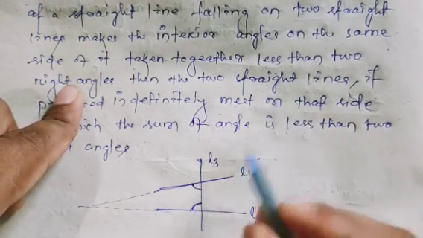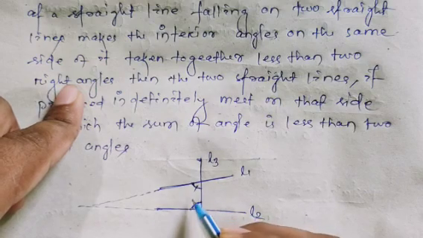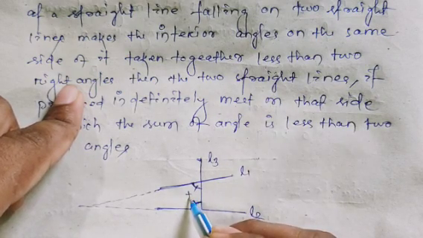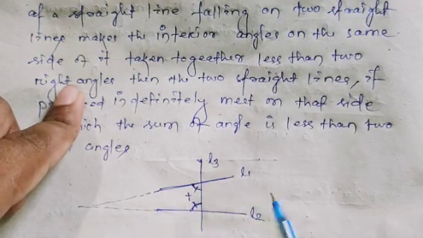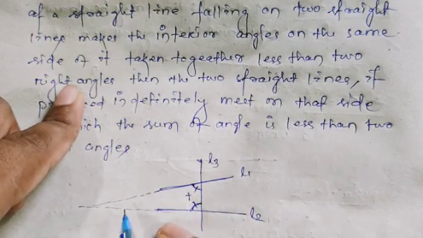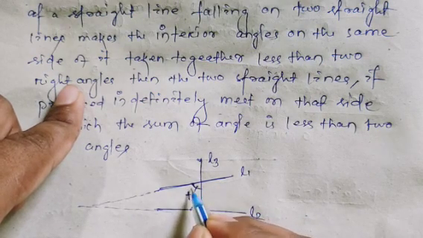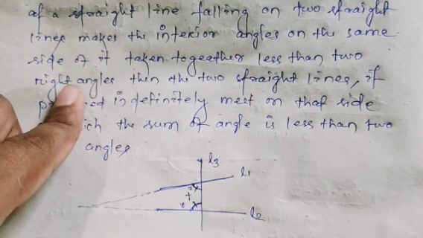But here it is given that if the sum of these two angles is less than 180, let this be the angle x and this be the angle y.